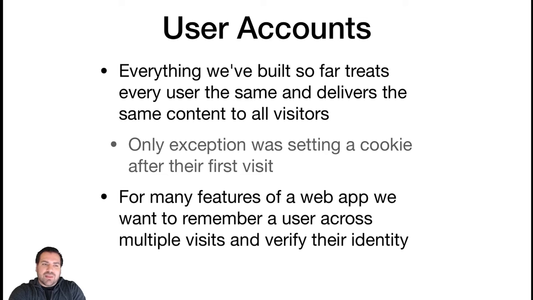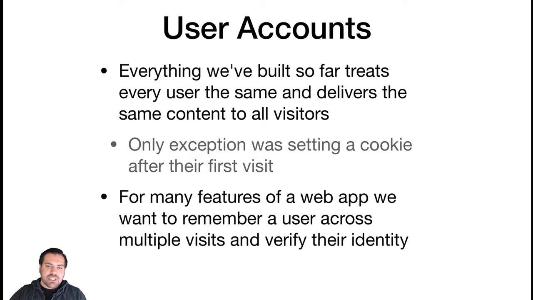So far, just a little more background, a little more setup here. Everything we've done in this class assumes that a user is just a generic user, and we treat every single user the same. No exception in phase 2 of the project.